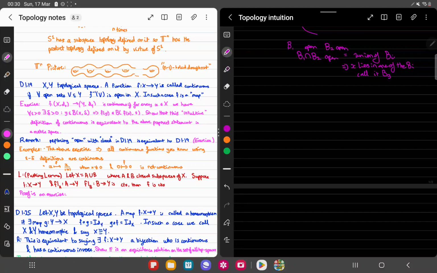And I don't think it should take too long. The idea is, all open sets contain balls in a metric space.